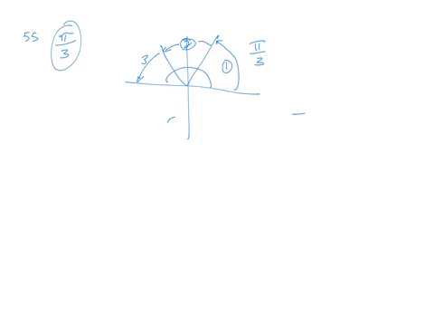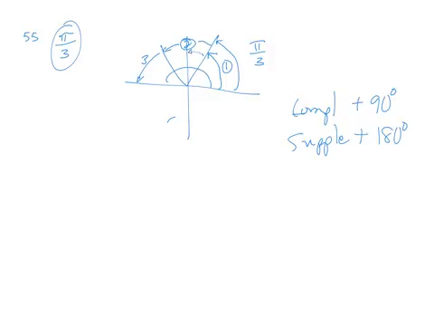Now the definitions of those two words: complements are angles that add to 90 degrees, and supplements are ones that add to 180 degrees. For this one, if I go to here, that's pi over 3. The complement will be how much it takes to get up to 90 degrees.